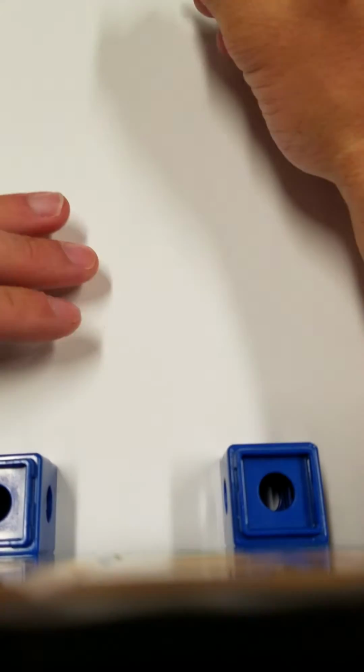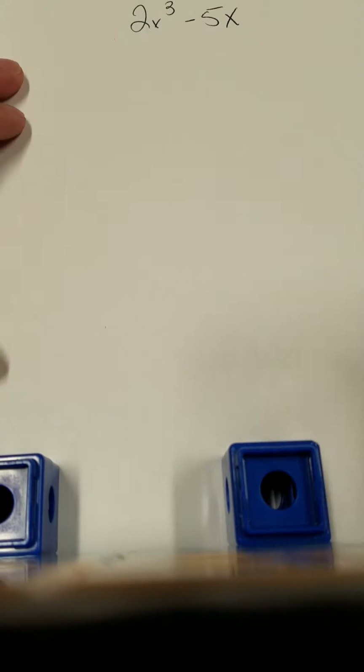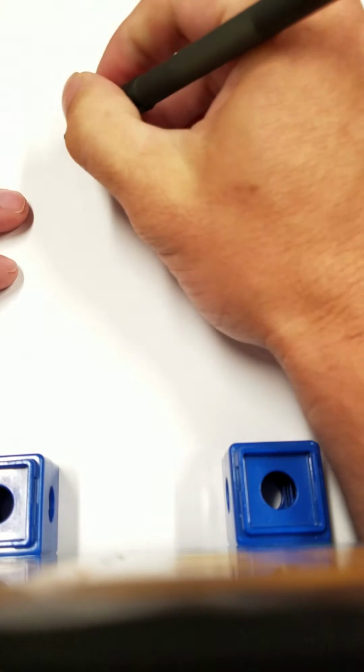So if we're looking at something that might be like 2x cubed minus 5x, and they ask us to name it, the first thing that we need to do is to make sure all like terms have been combined. All like terms have been combined for this one. It's also in standard form.